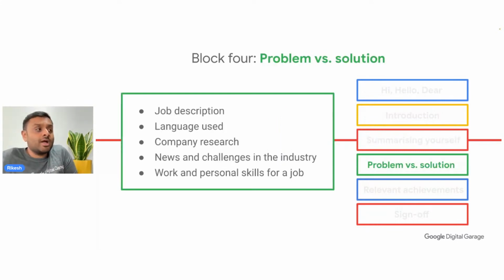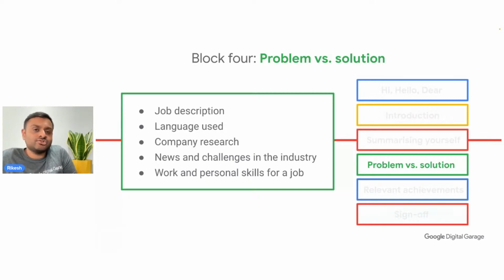We've then got our problem versus solution paragraph. This is a really useful paragraph, which may even help to set you apart from other candidates and from the competition, because what you are doing here, as the name suggests, is looking to identify the problems, i.e., what is the reason for this organization hiring?